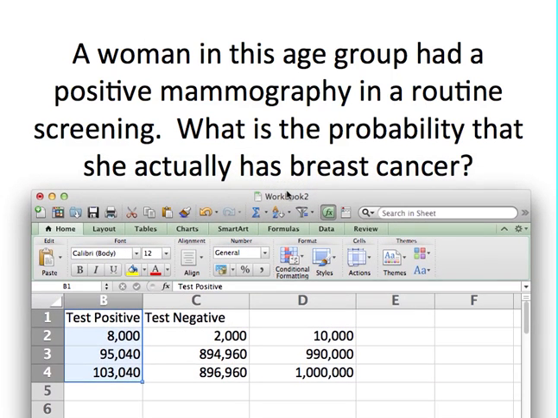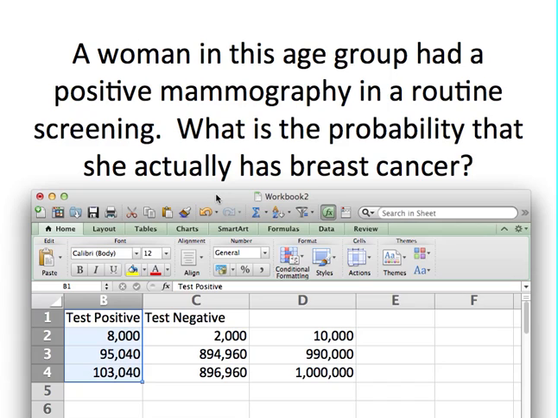So she's one of the 103,000 who got positive test results. What is the probability that she actually has cancer? I don't know if you, when you first saw this question way back at the beginning, had a natural assumption, and this is even what doctors, people who have gone for years and years to med school and are extremely well educated, still are pretty poor at coming up with this number.